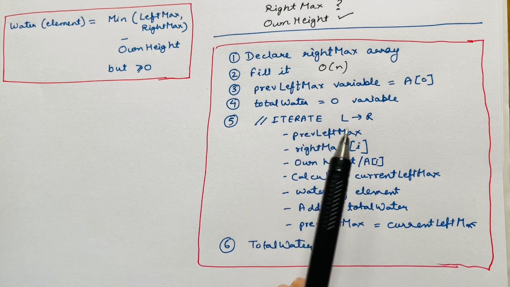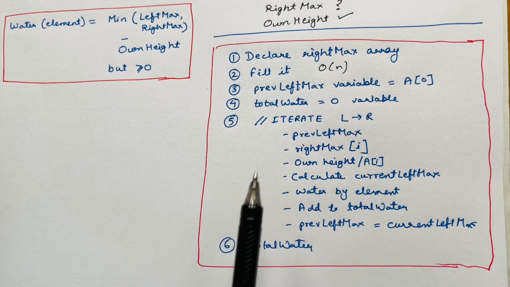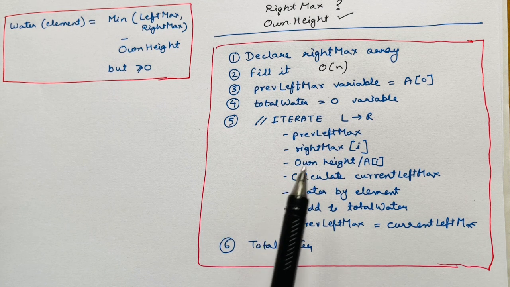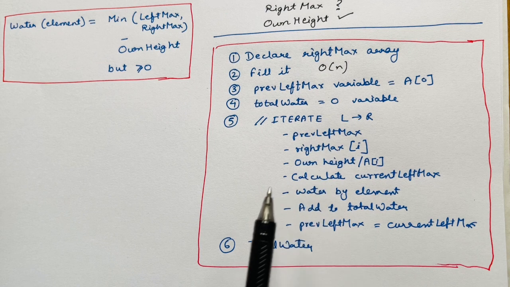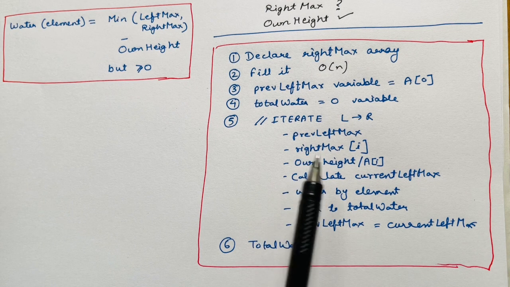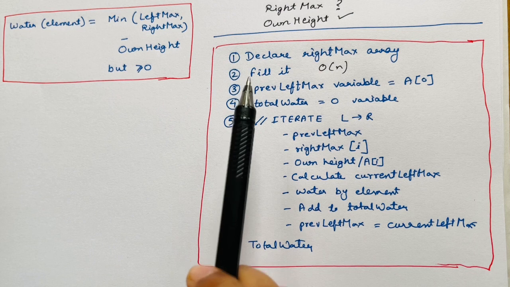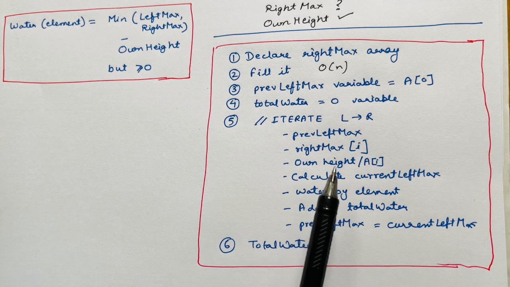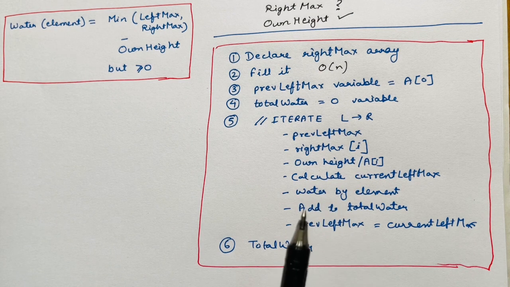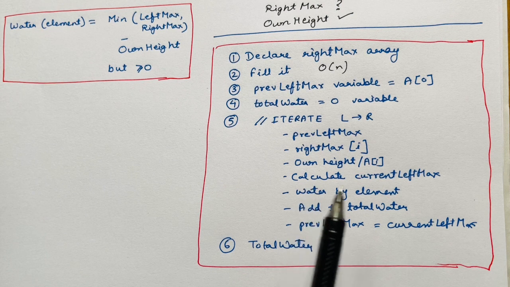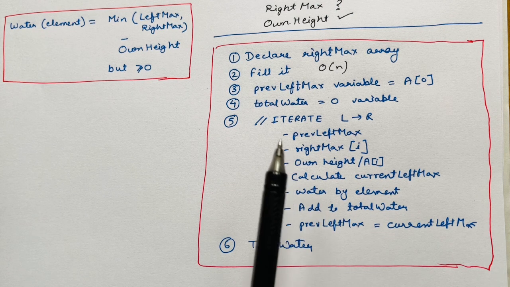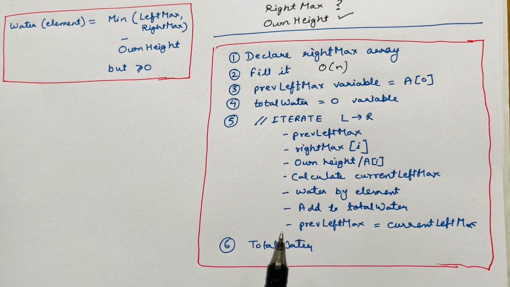And then we iterate from left to right. What all do we have in each iteration? We have a previous left max value. We have the right max of i from step 2. We have the own height, or A[i]. Now we can calculate the current left max using the previous left max and A[i].